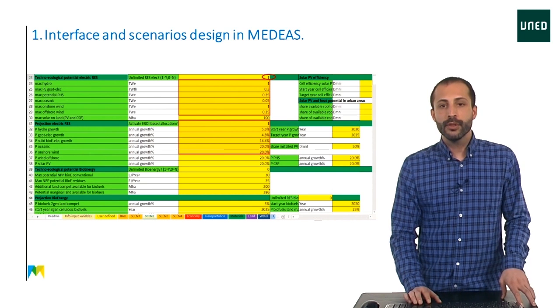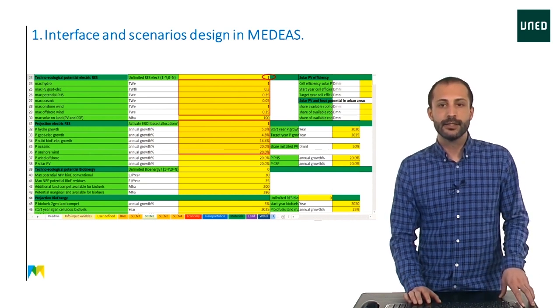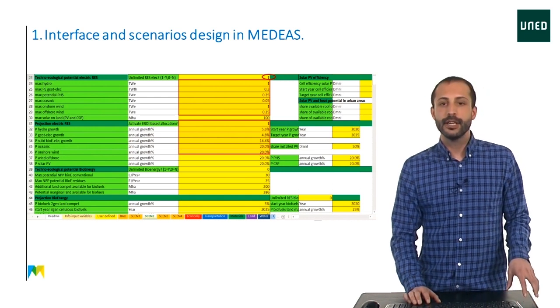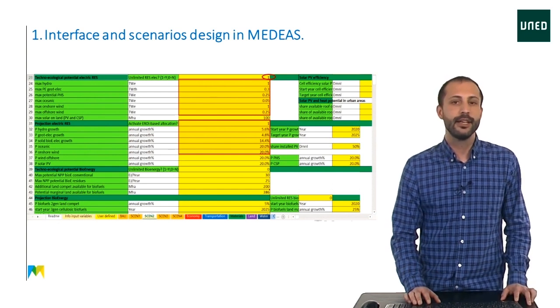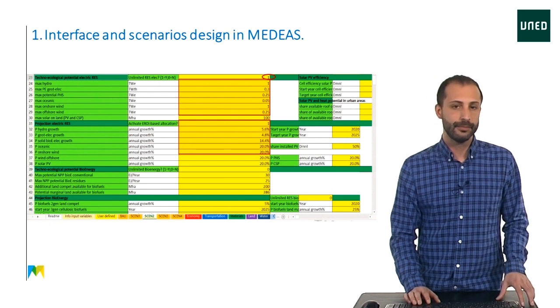From row 31 and on, you can set the expected capacity installed growth by technology. You have hydropower, geothermic for electricity, solid bioenergy for electricity, oceanic, onshore and offshore wind, and solar photovoltaic.